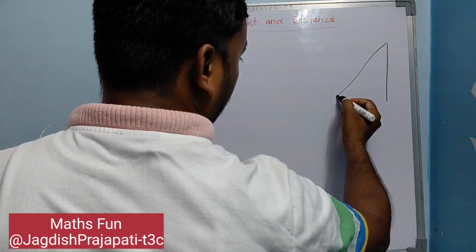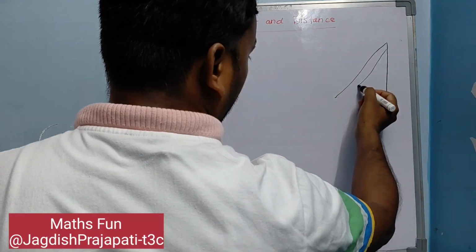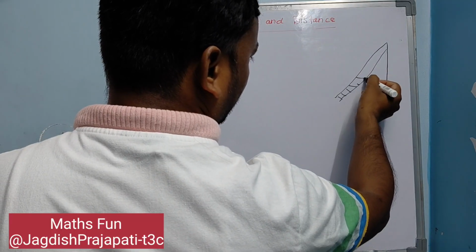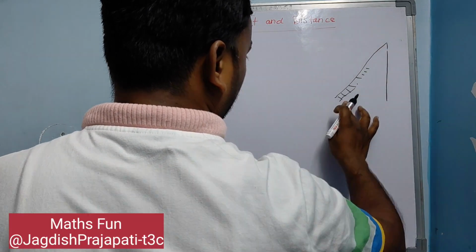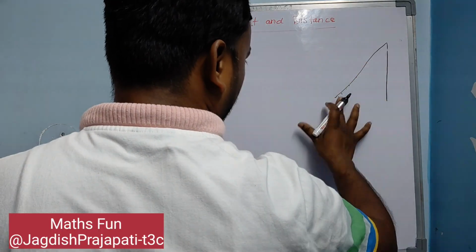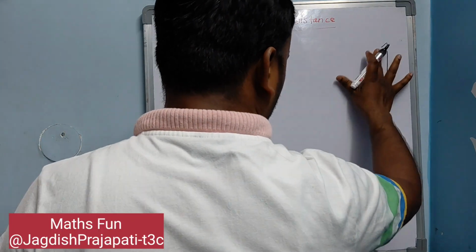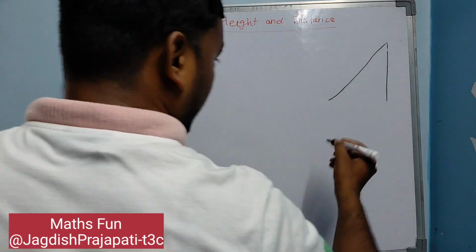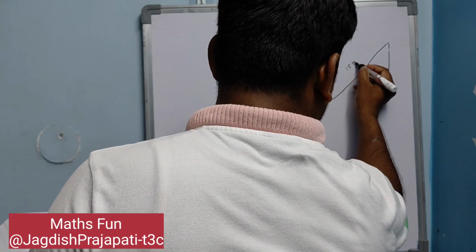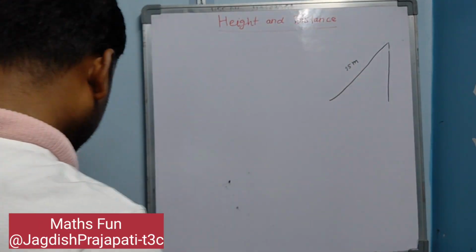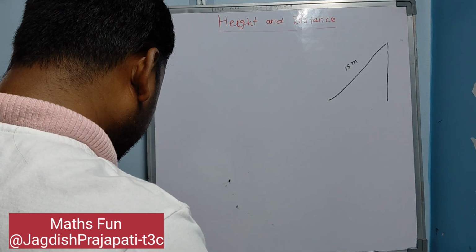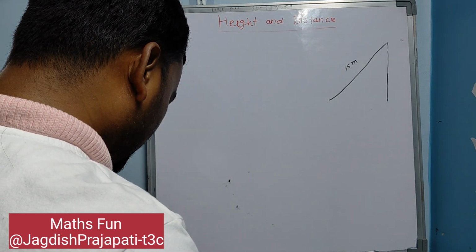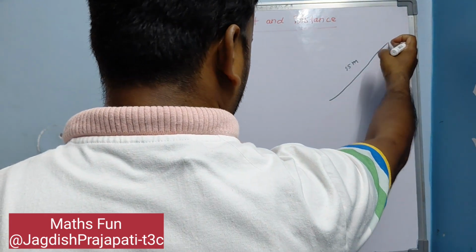So ladder will be like this. But I am just drawing it as a straight line. So this is a ladder. Its length is 15 meter. It's given. A ladder 15 meter long just reaches the top of a vertical wall.